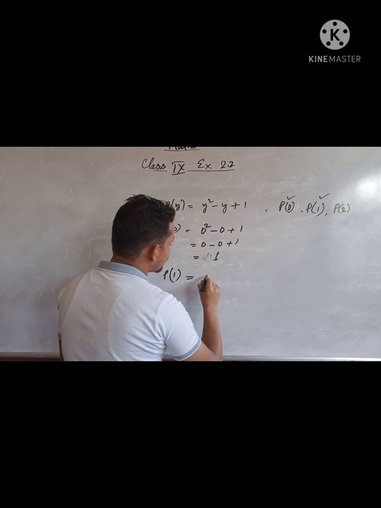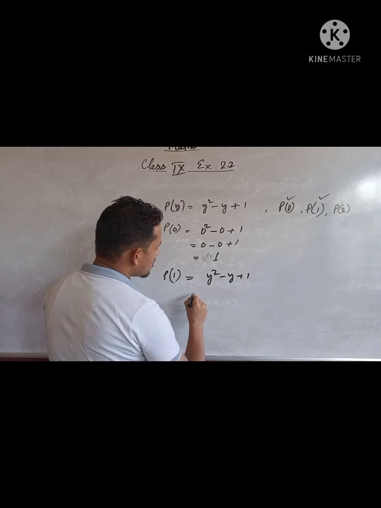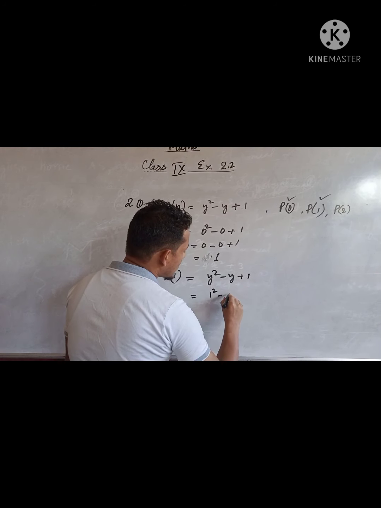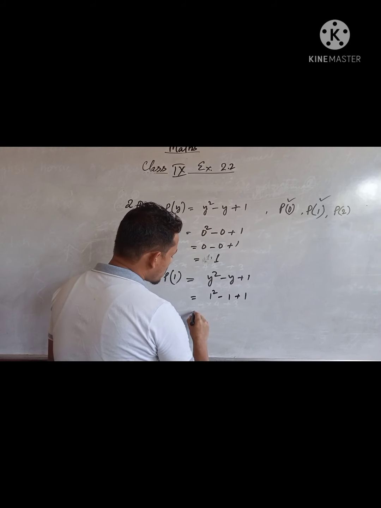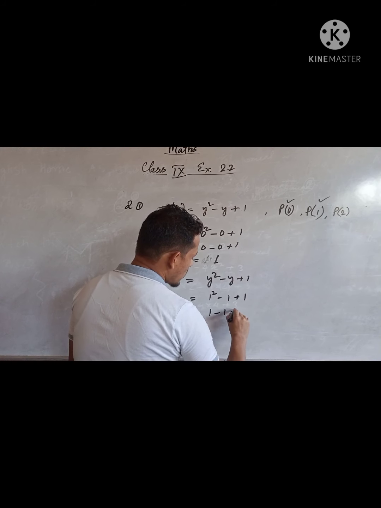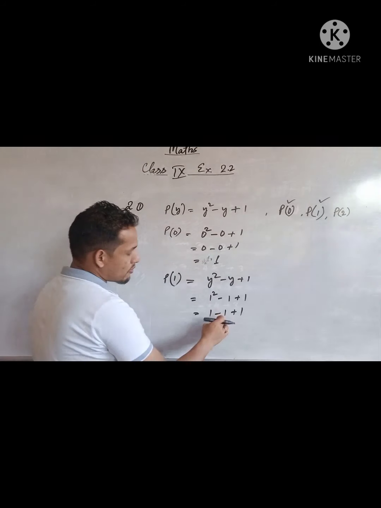So you first bring the polynomial, that is y square minus y plus 1. Instead of y you will put 1: 1 square minus 1 plus 1. So 1 square means only 1, minus 1 again plus 1. Now 2 positive are there and 1 negative.